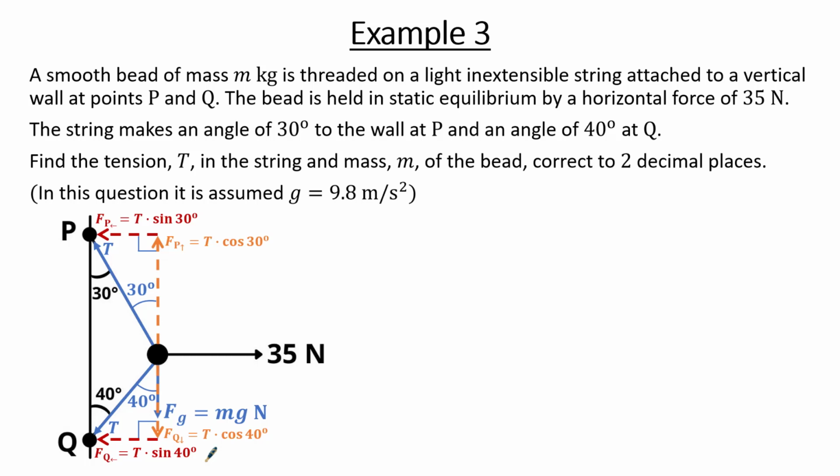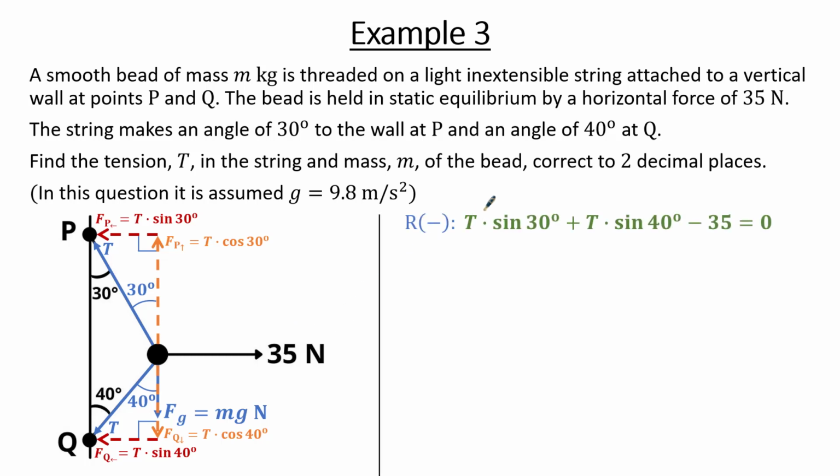Now we can resolve the forces. Starting in the horizontal direction, we have this force here, T multiplied by sine 40 degrees. We have another force here, T multiplied by sine 30 degrees, so both of these are to the left. And this force here, 35 newtons, is then to the right. Taking the left direction to be positive, we have that T multiplied by sine 30 degrees plus T multiplied by sine 40 degrees minus 35 equals 0, since we're in static equilibrium.